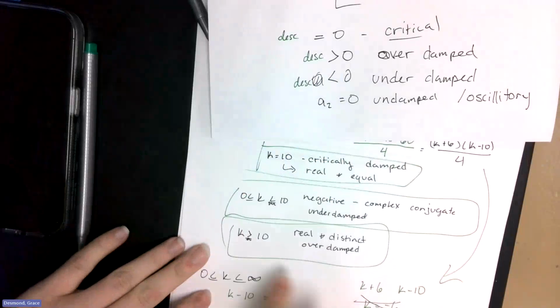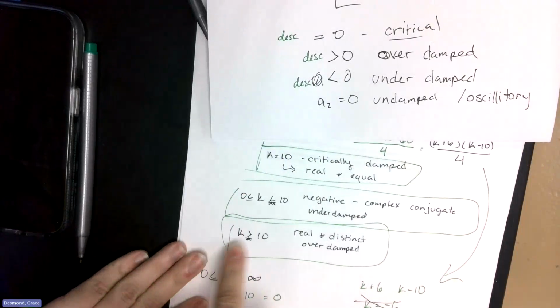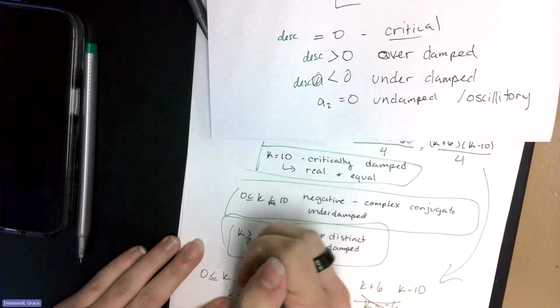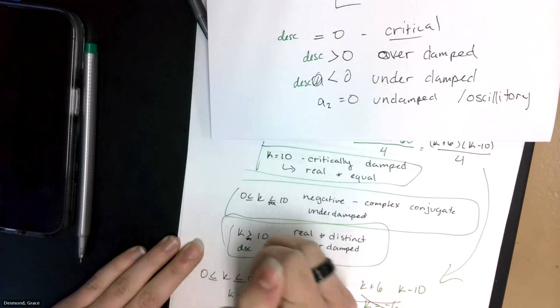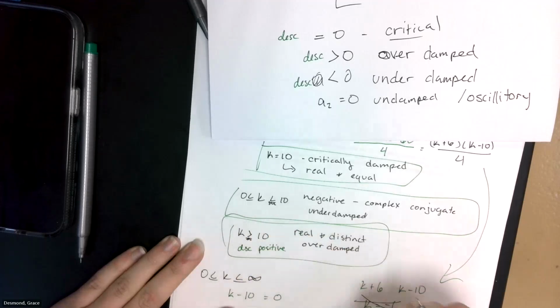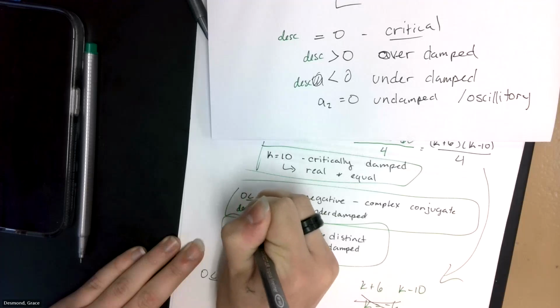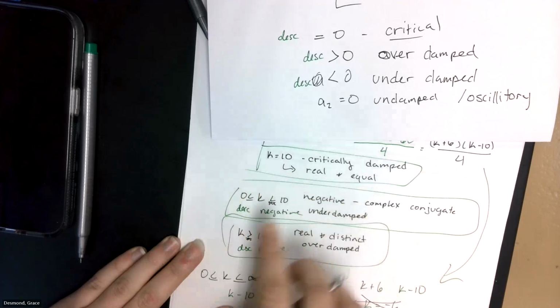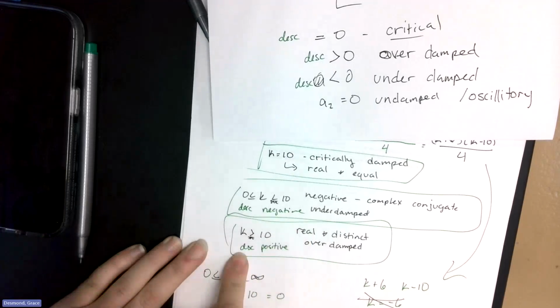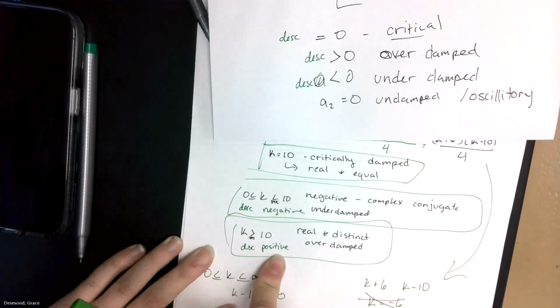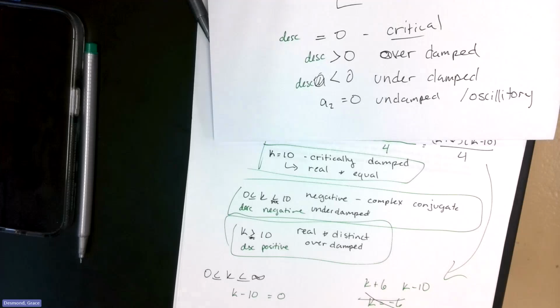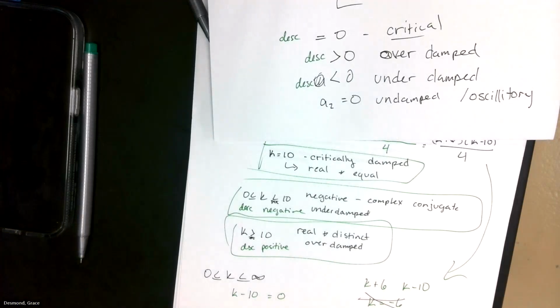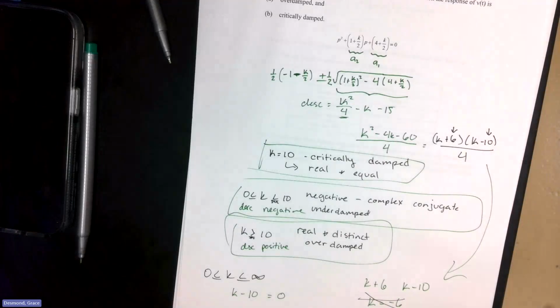So that's how we got this. And we know that if it's greater than 10, the discriminant is positive, and if it's less than 10, the discriminant is negative. Does that make more sense? Yeah? Okay, cool. Let's do the same thing on the next one.